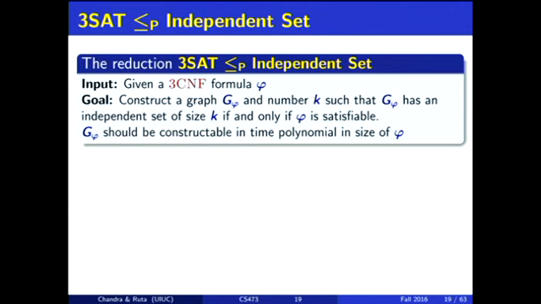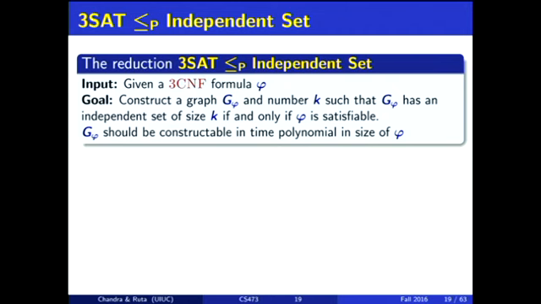At the high level, if I'm going to solve SAT using independent set, it means that if I have an algorithm for independent set, I should be able to solve SAT. So my reduction is going to take a formula and give out a graph. Now I'm going to use my algorithm for independent set and get an independent set.